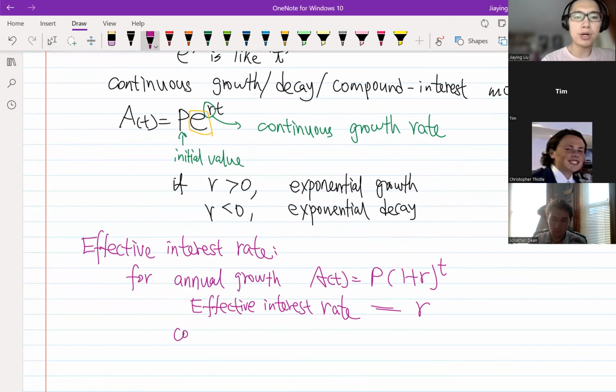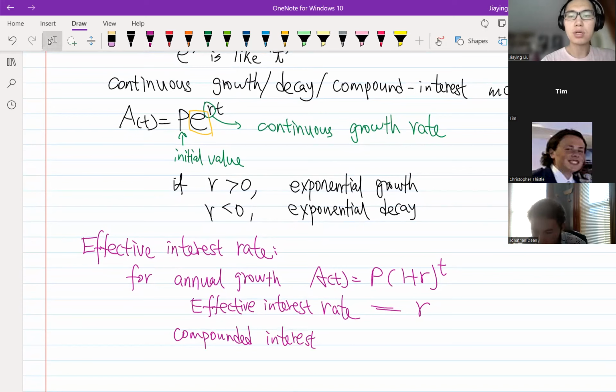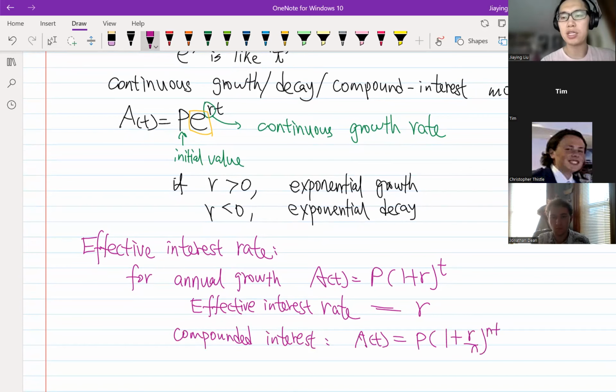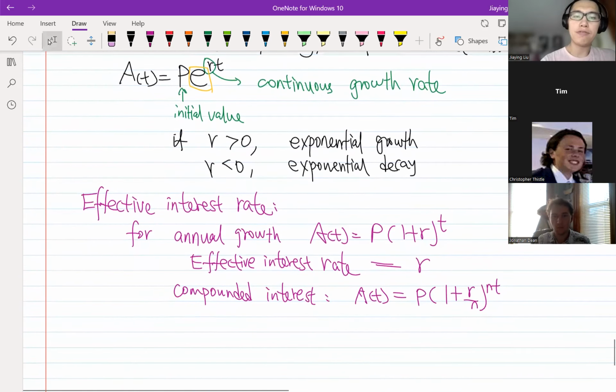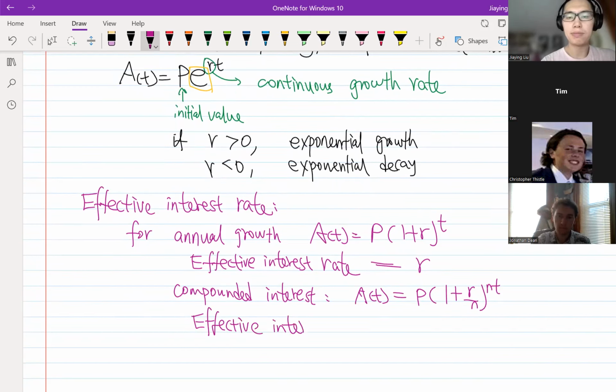So whatever the rate is, it's the same as the effective interest rate. But for the compounded interest formula, A of t equals P(1 + r/n)^(nt), the effective interest rate is actually not equal to r.